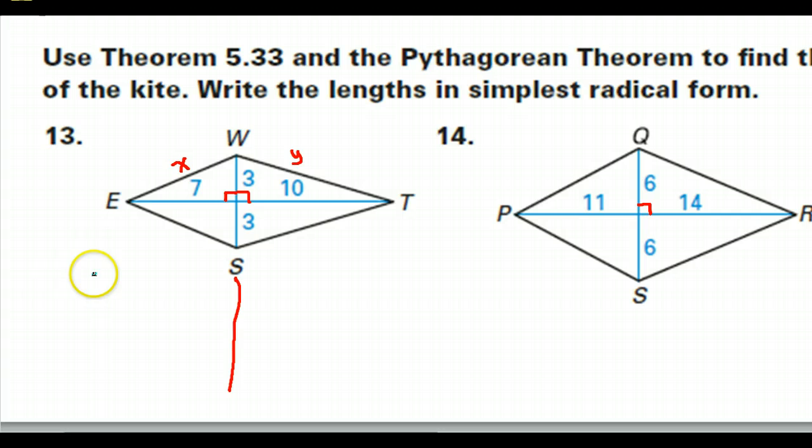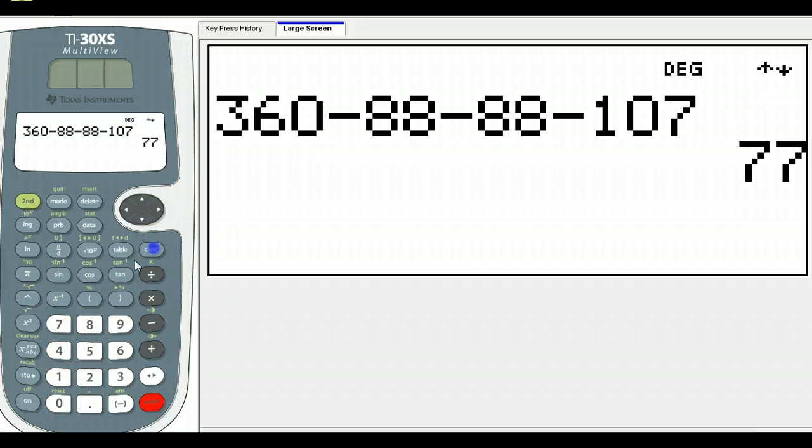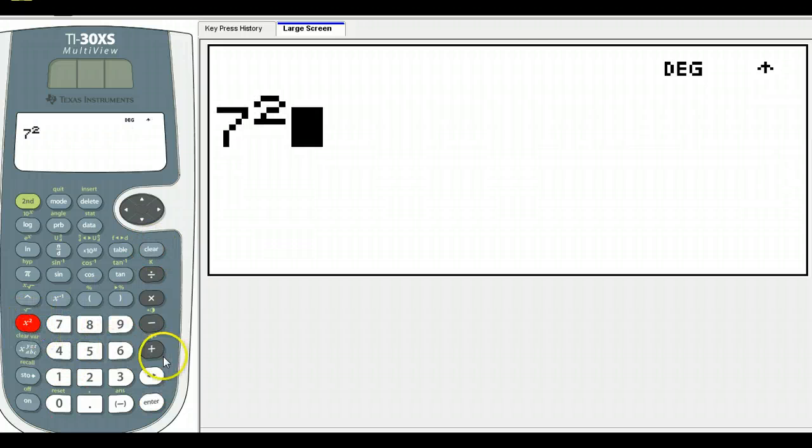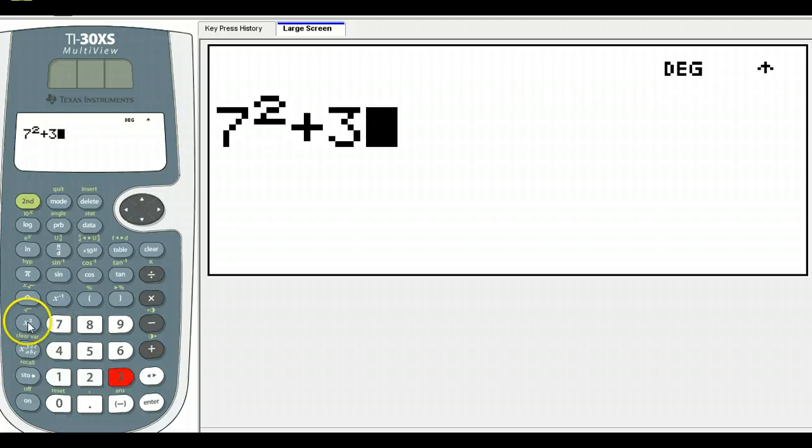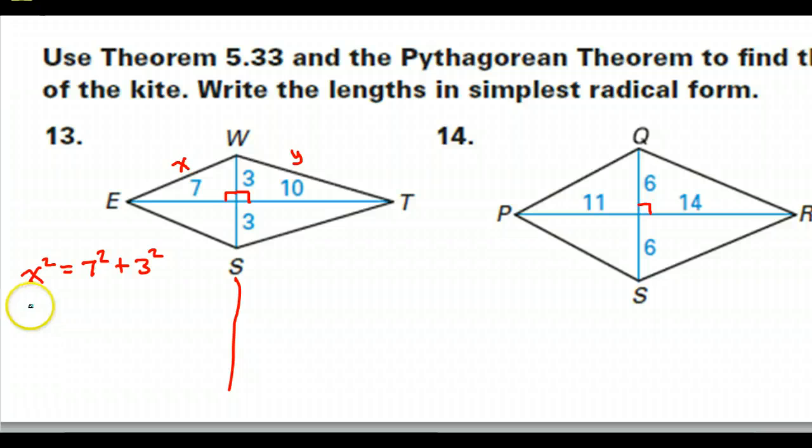So a squared plus b squared equals c squared. That means x squared, that's my c squared, is equal to 7 squared plus 3 squared. 7 squared plus 3 squared is 58. So x squared is equal to 58.